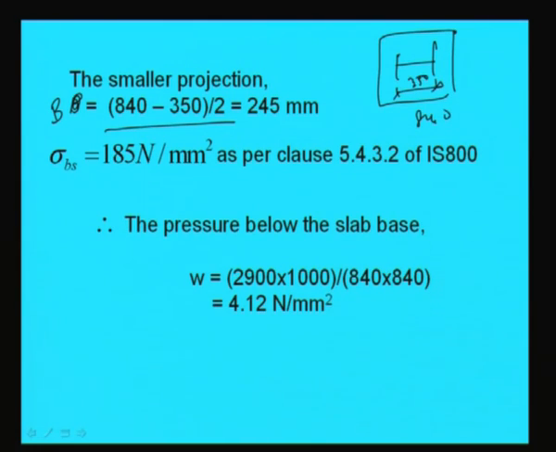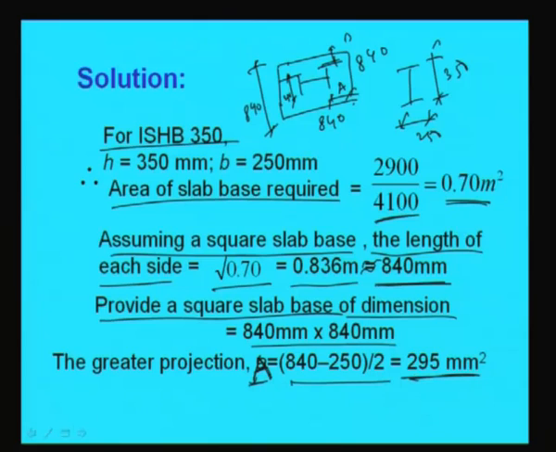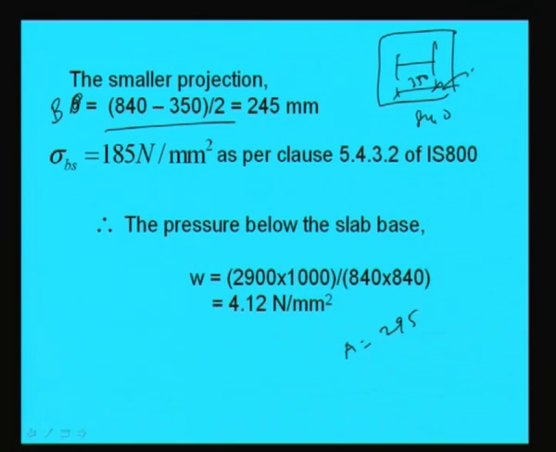Calculating this we get 245. So A is equal to 295 and B is equal to 245 millimeter.